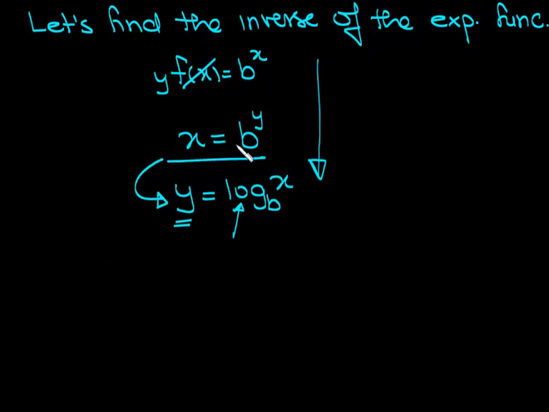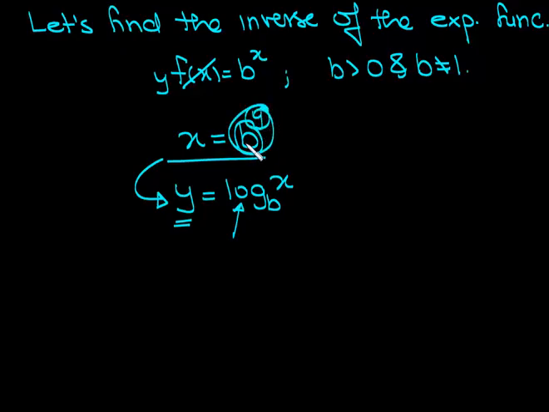Also, if you recall, when we talked about exponential functions, we said that b was greater than 0 and b was not equal to 1. If b is greater than 0 and you raise it to any power, this number is always going to be positive.